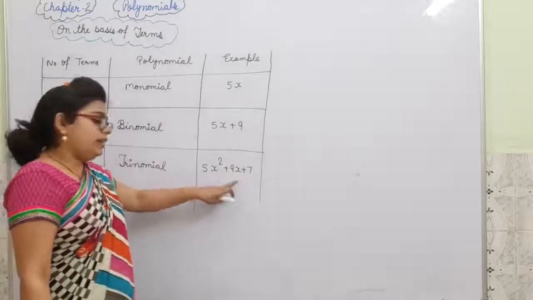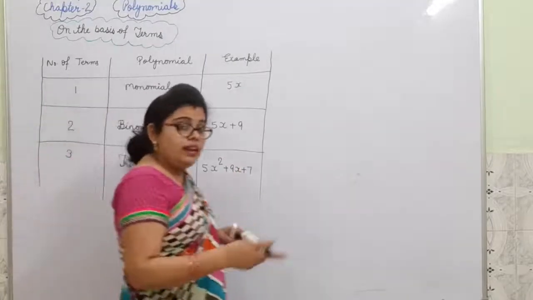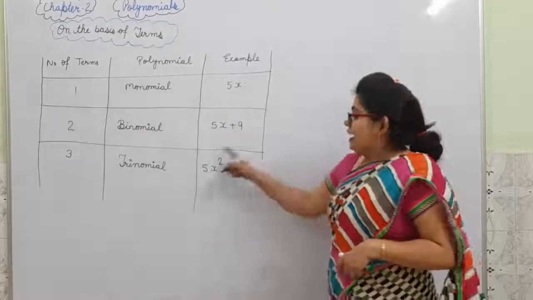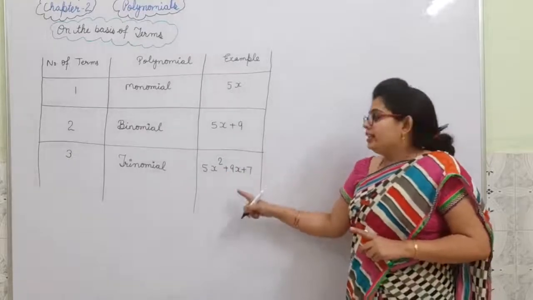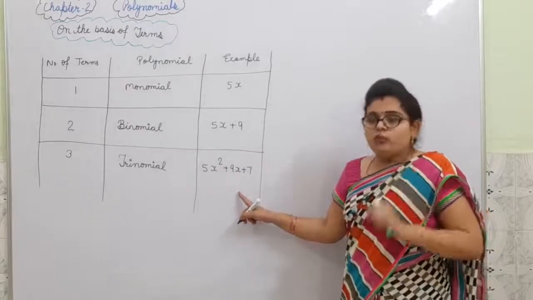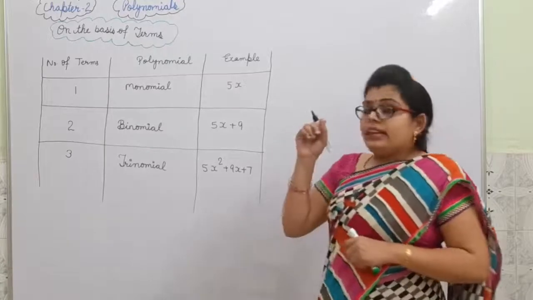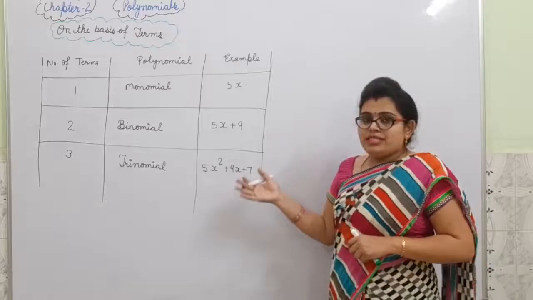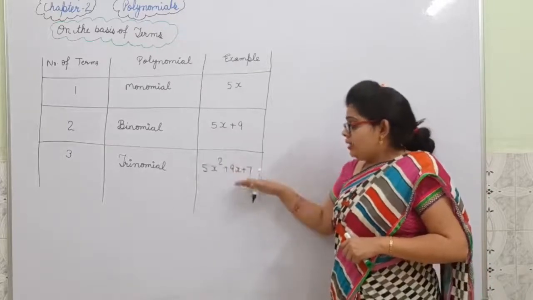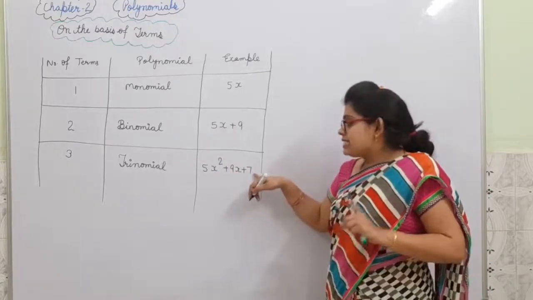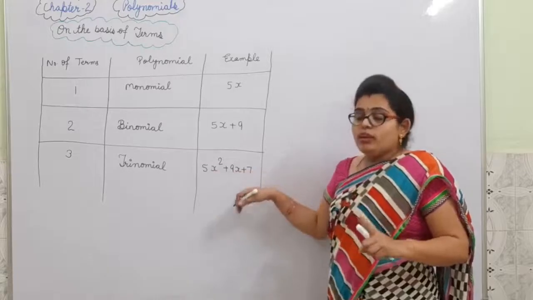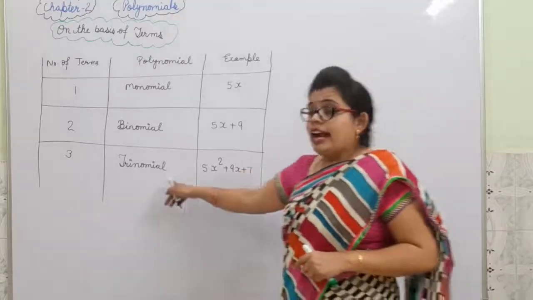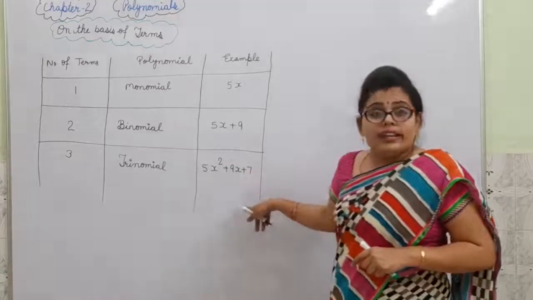Because there are 3 terms, then it is trinomial, and if we classify it on the basis of degree, then it is a quadratic polynomial also. It depends on the question on which basis it is asked. If it is given and it is asked to classify this polynomial, then you will write trinomial and quadratic polynomial.